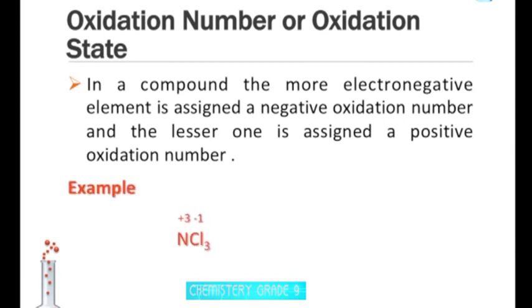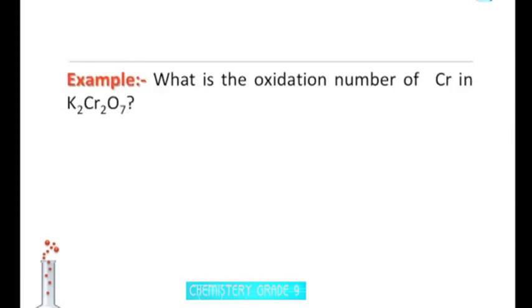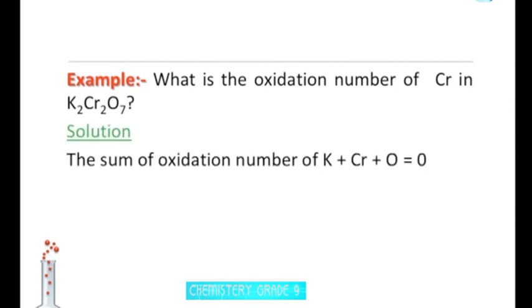For example, the nitrogen has +3 and the chlorine has -1. What is the oxidation number of chromium in this compound? We know that it has to equal 0.